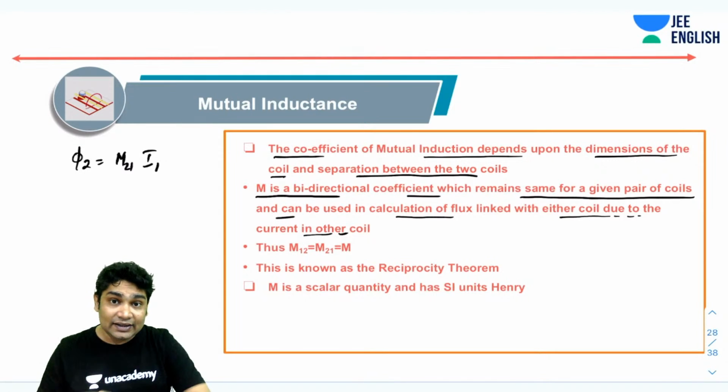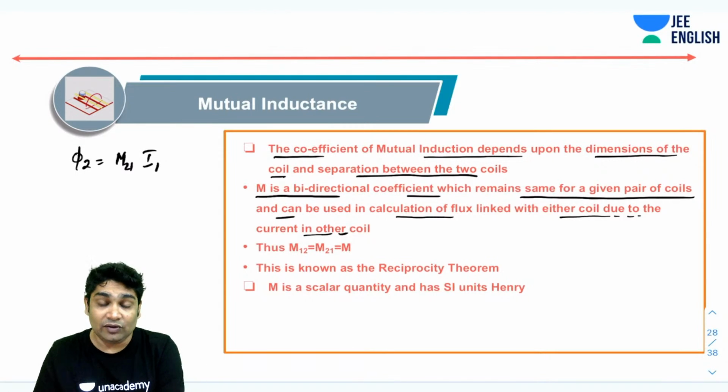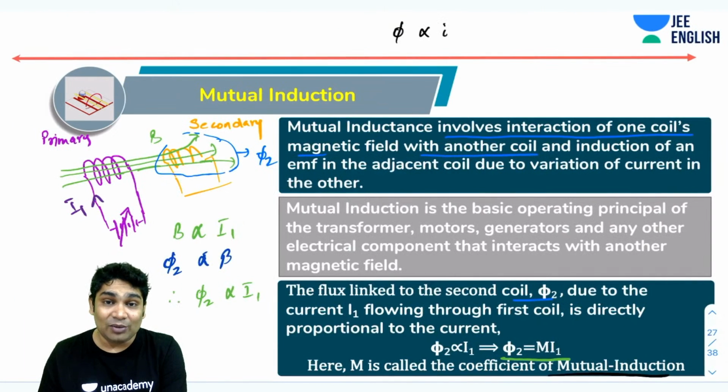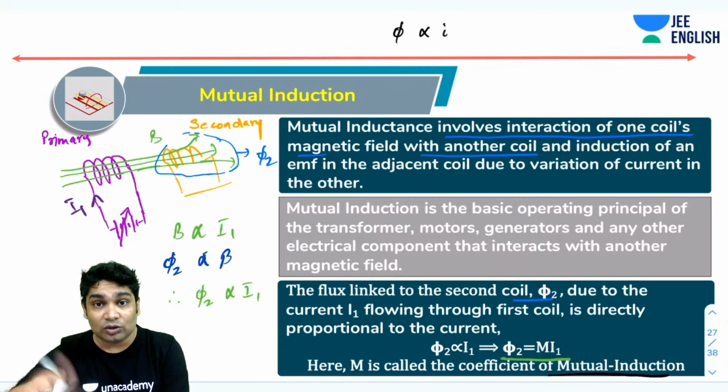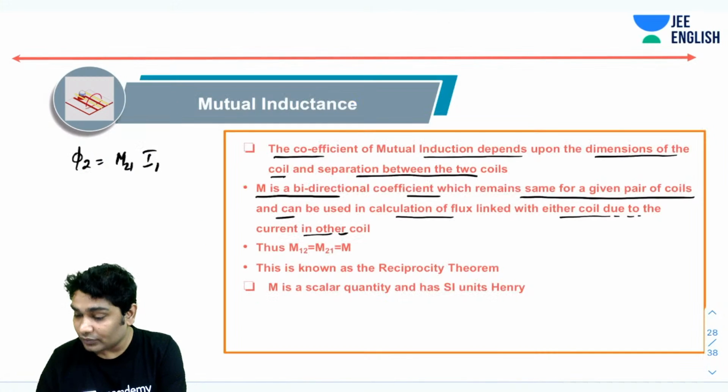Then if I did the other thing, which means if instead of flowing a current through coil number 1, I flowed a current through coil number 2, then what will happen?